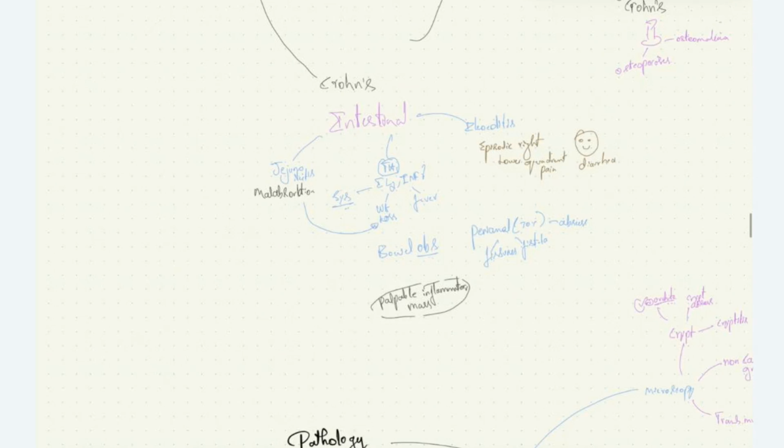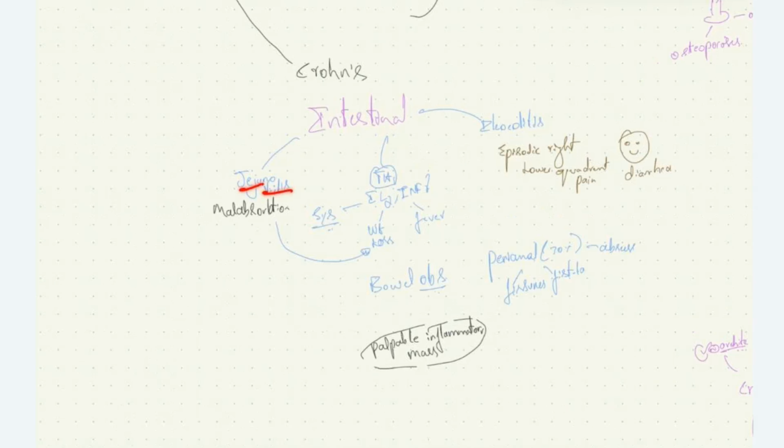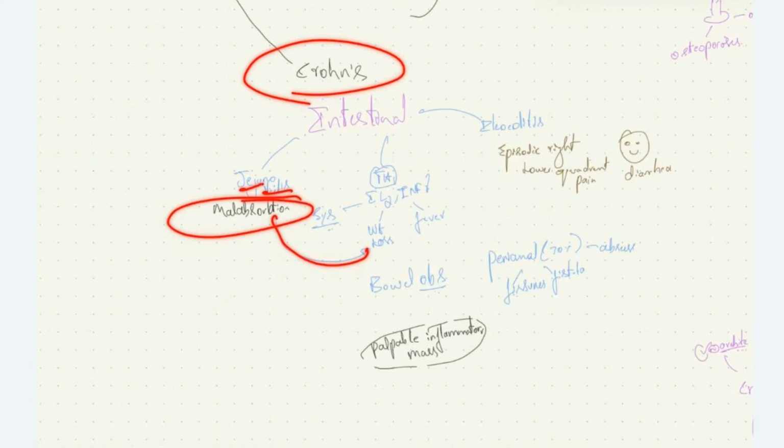We can see jejunoileitis in Crohn's disease, leading to malabsorption, which also contributes to weight loss.